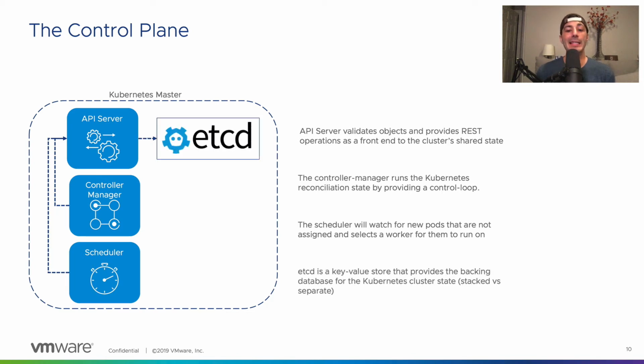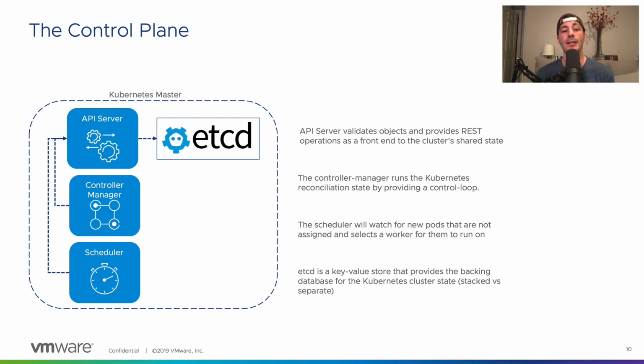Last is the etcd database. This is our key value store. This is analogous to what you would have as the SQL backend for the vSphere infrastructure. It's going to be holding the state of the cluster itself. And this can be deployed in a stacked or separate deployment. For all intents and purposes, we're going to see stacked as the most common thing.